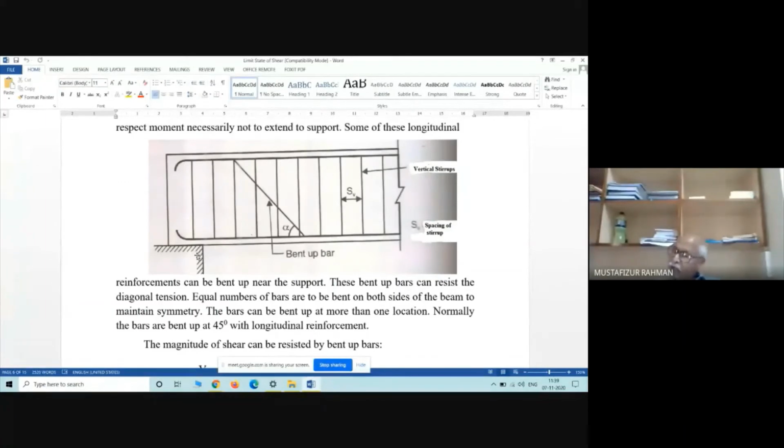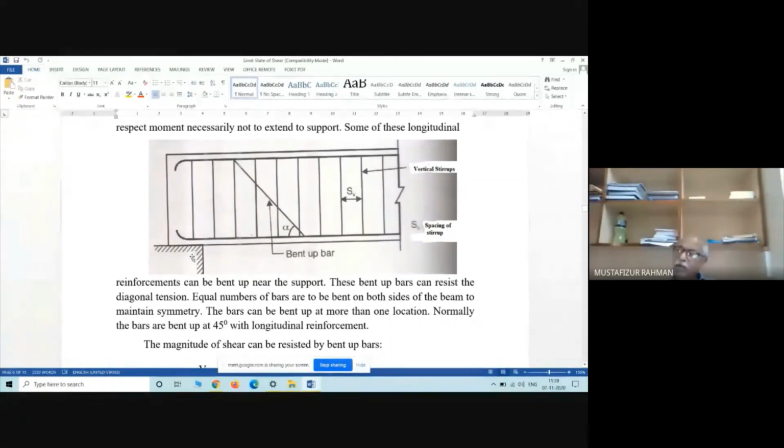Now from the construction point of view, sometimes the situation may come that the beam is of such a size that whatever shear force is acting on the member, the concrete together with the main steel is able to resist it. Under that situation, you do not require any shear reinforcement.